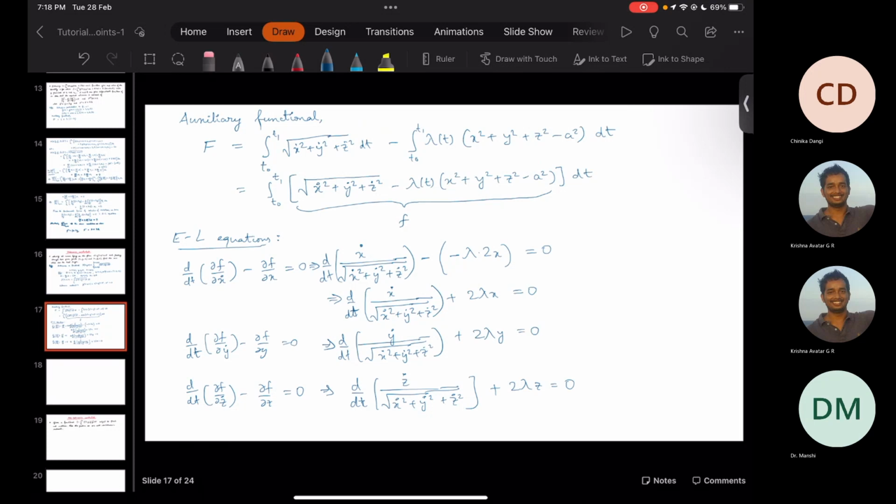The thing is, if you use some sort of chain rule to differentiate this quantity within the parenthesis, then you'll find that the first term we'll have is x double dot divided by the square root of x dot squared plus y dot squared plus z dot squared, and likewise it will follow for all the three equations. So essentially, every term is second order in t, isn't it?